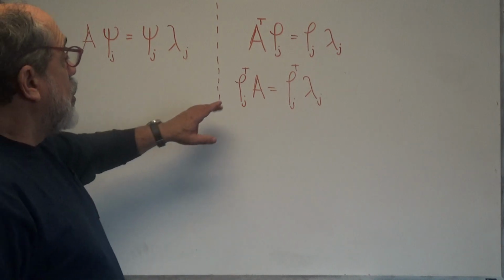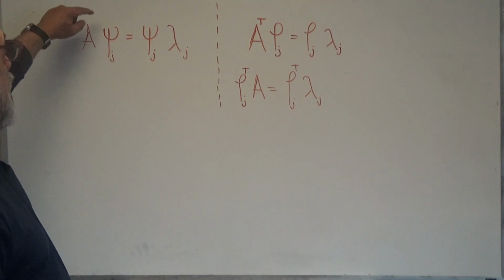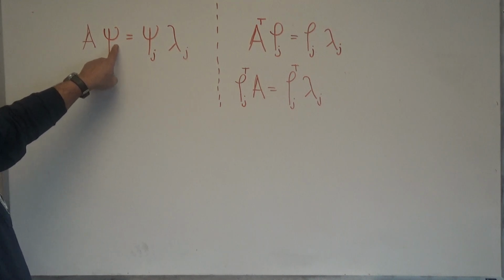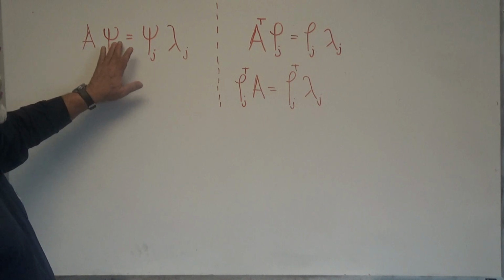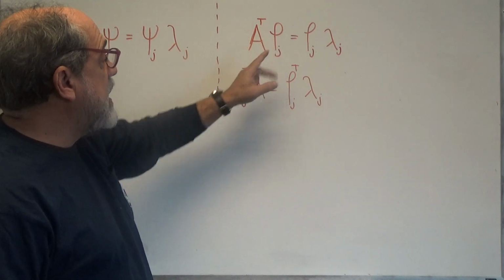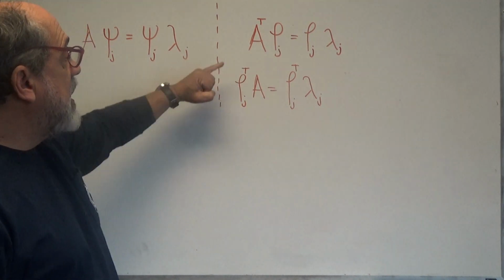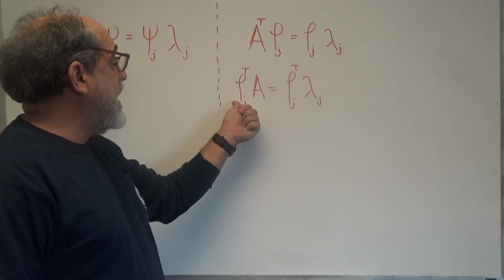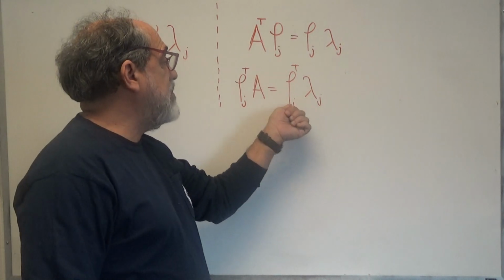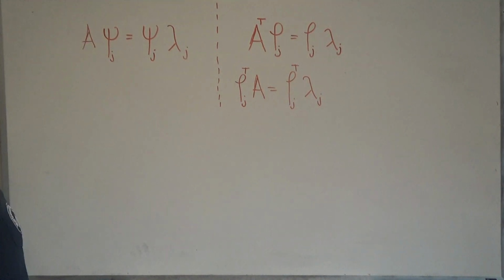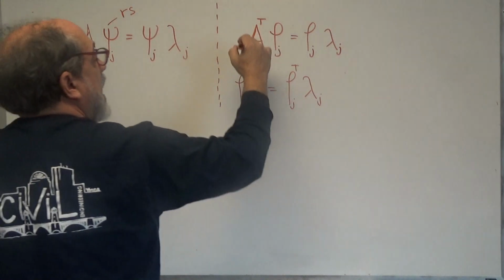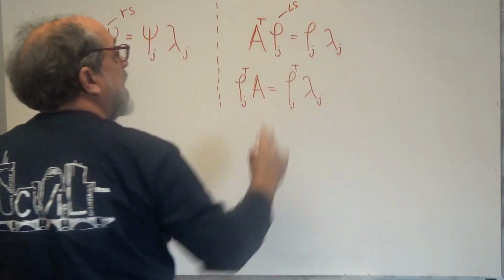Now, from looking at these two equations, you can see why we call the vectors phi the right side eigenvectors: when we multiply them on the right, they come back times a scalar. We call these vectors C the left side eigenvectors, in the sense that if we multiply them as a row on the left side of the matrix, the row that we get is exactly the same as the vector multiplied times the constant. Okay? So these are the right side eigenvectors, and these are the left side eigenvectors.